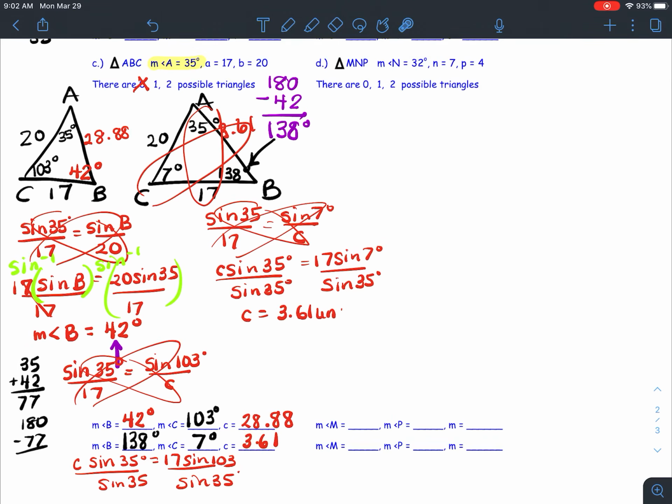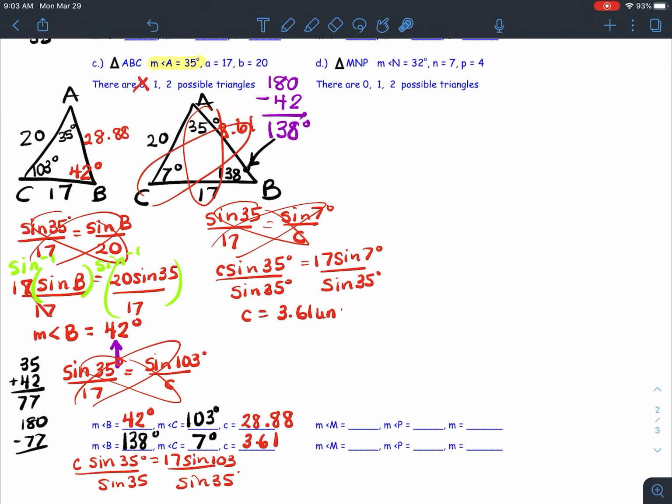If you actually get an answer, you immediately take that answer for that angle, you subtract it off of 180 like we did here, and if that answer combined with the given angle doesn't surpass 180 degrees, then you have a second triangle. You need to immediately draw a second triangle, put all the given labels on your picture, plus what that new angle, in this case B, would be, and then you go about solving both triangles. I got side C in that second triangle to be 3.61.